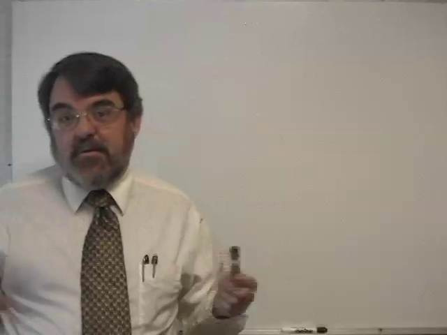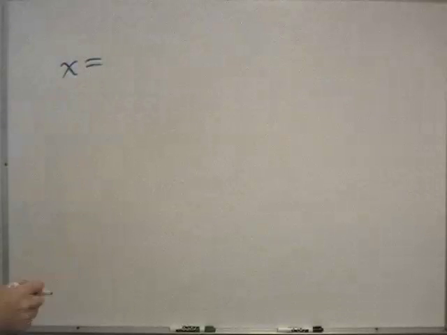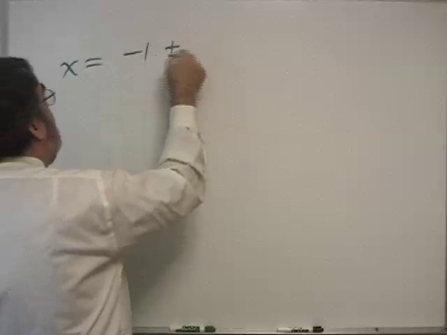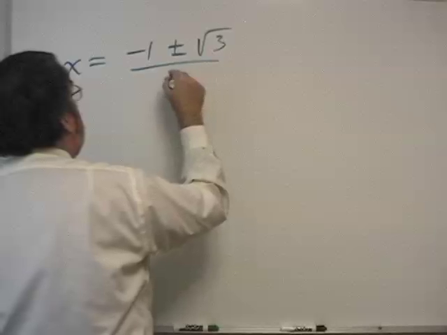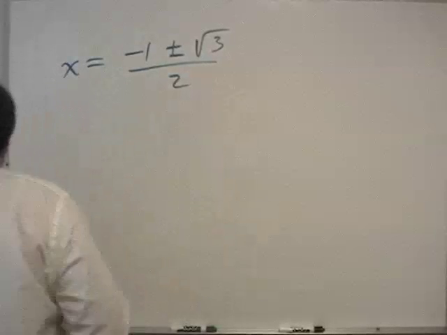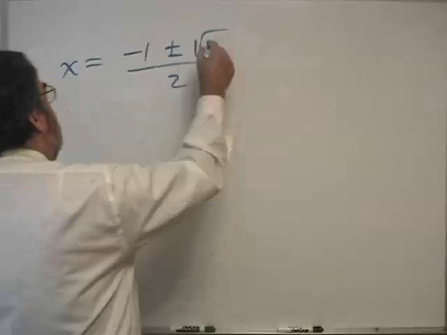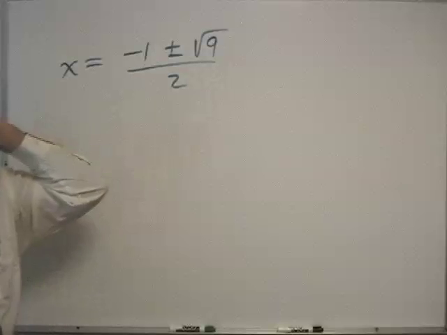So here's a typical example. Suppose you had this answer from the work you've done. x equals negative 1 plus or minus the square root of 9 over 2.